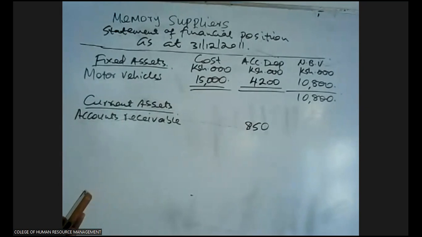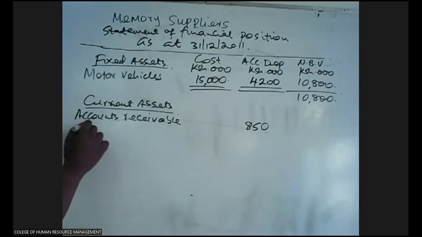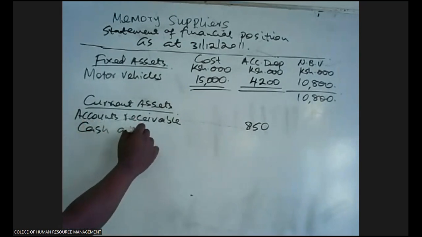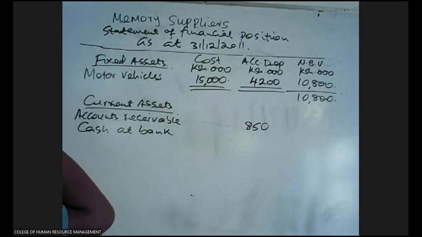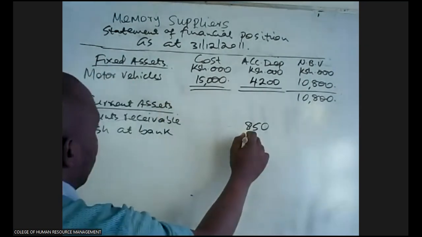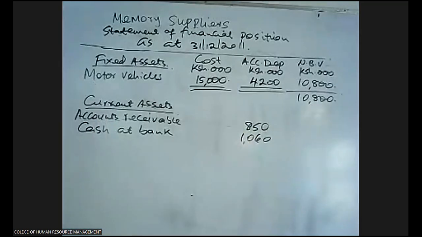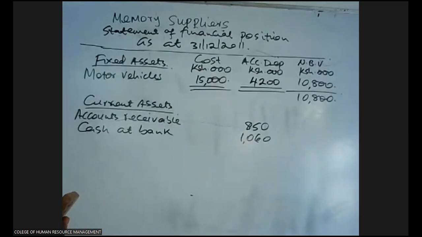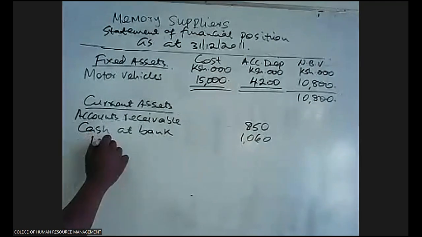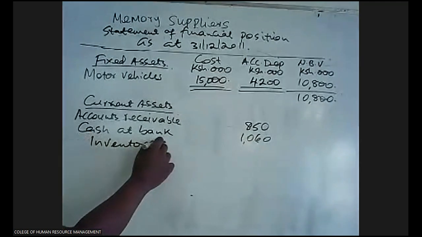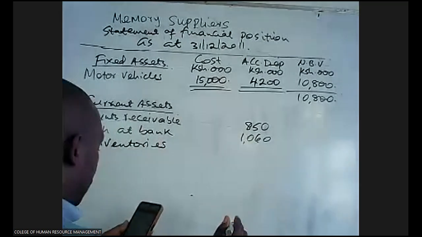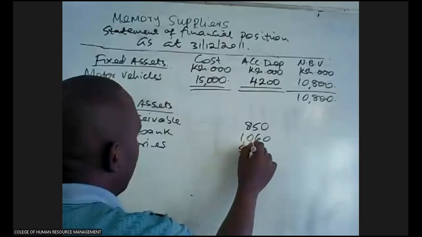The next thing is cash at bank, which is 1,060. That is simply the bank balance. Inventories, 500.